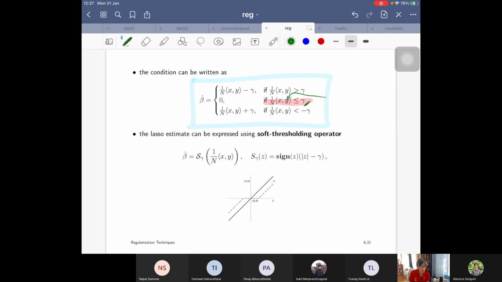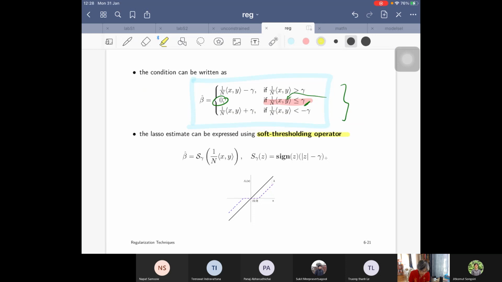If it is less than the penalty parameter, here your solution would be 0. And this mathematical expression here, we just give some name. This is called a soft thresholding operator.